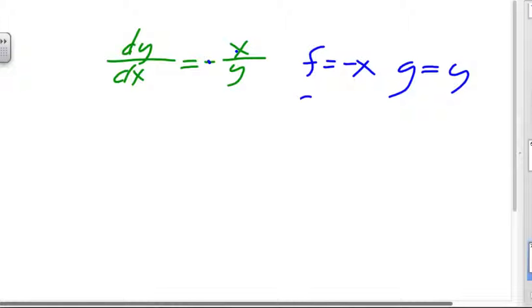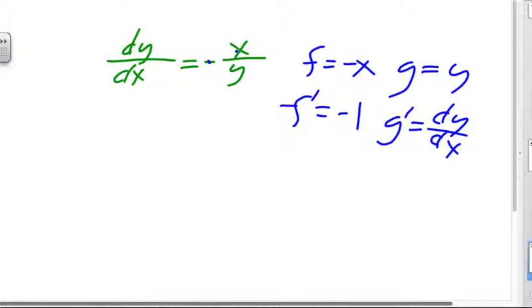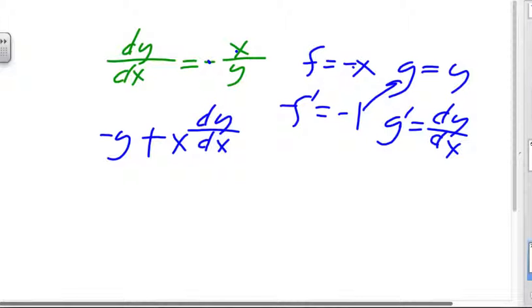All right, so f prime is -1. g prime equals dy/dx. And so now I'm going to have f prime g, that will be -y, minus f g prime, negative, so that's going to end up being a plus x dy/dx. Okay.